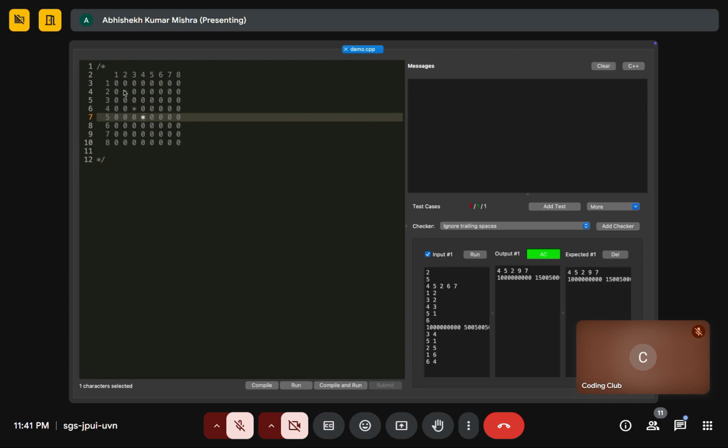The minimum rectangle would be from 2 to 3 in one dimension and 2 3 4 in the other, so breadth will be 3 and length will be 2. So 2 into 3 is 6 cells. We required only 2 cells, 4 cells are left out, so this one monster can fit into it.